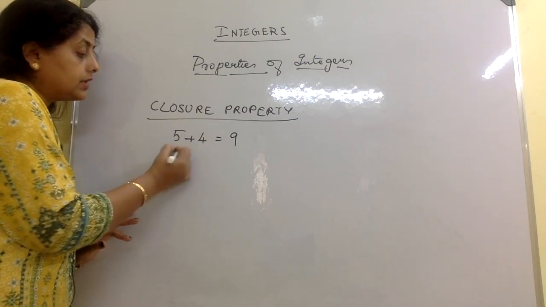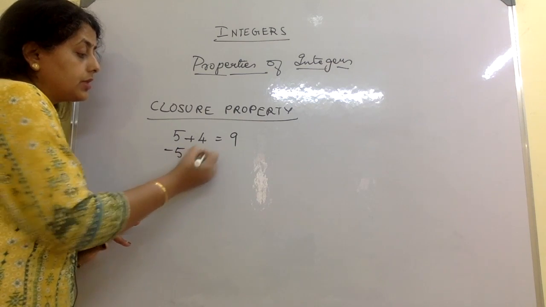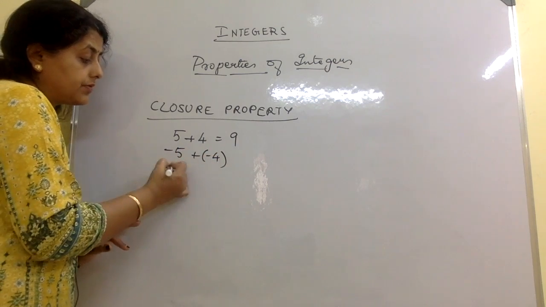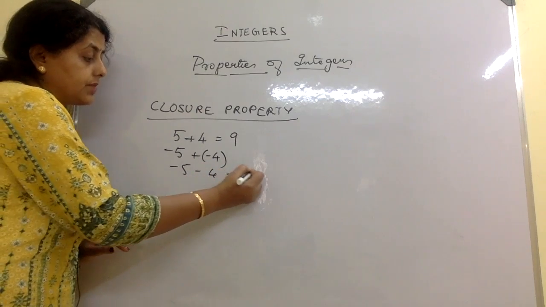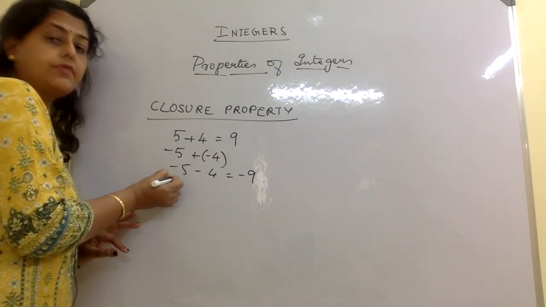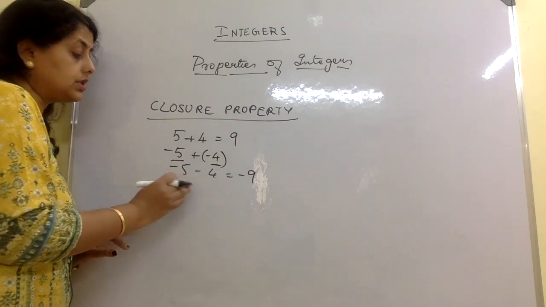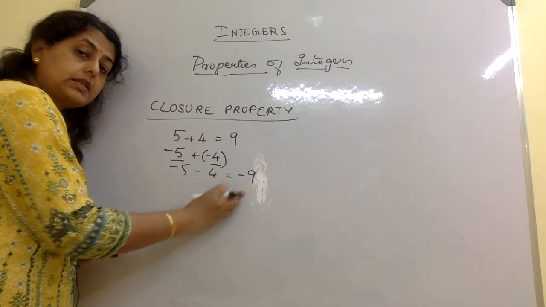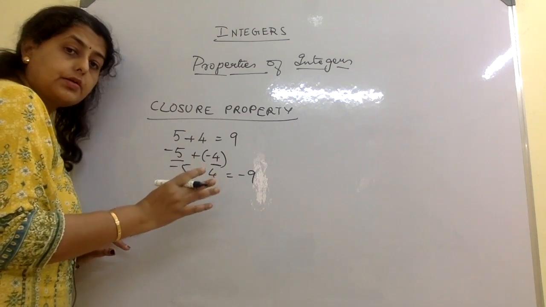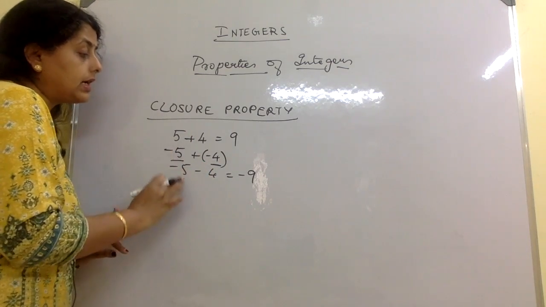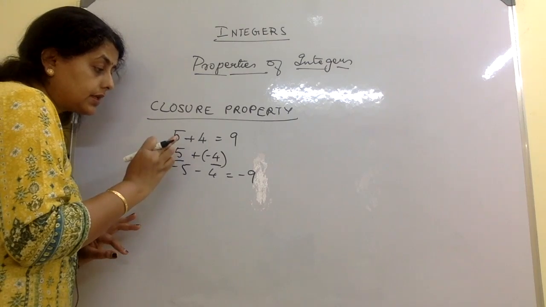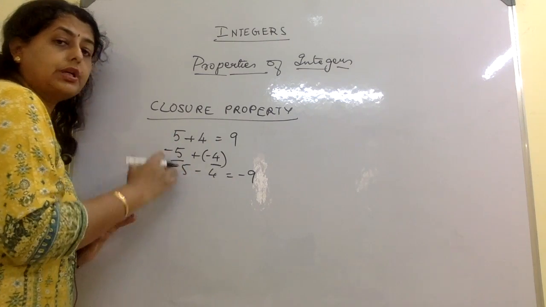Let's check with minus 5 plus minus 4, which is minus 9. Minus 5 is an integer, minus 4 is also an integer, and on adding I get minus 9, which is also an integer. So integers are closed on addition.